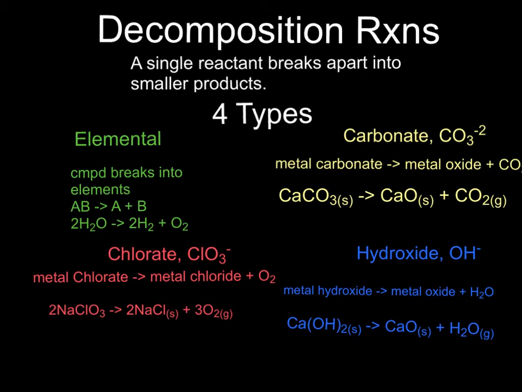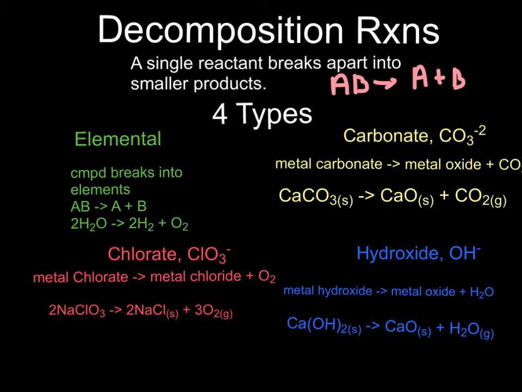Write down the definition of decomp on your decomp tab. You may also include the following, that just AB breaks apart into A plus B as a general equation. But then we have 4 types.